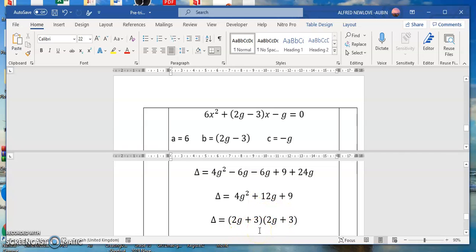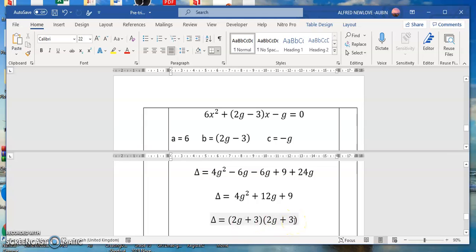How? Remember the first one I said you can either use the factor method or the quadratic formula. Using the factor method, two numbers which when you multiply you get 9, and when you add them you should get 12. Alright, so how are you going to do that? This 3 times 2 is what? 6. Are we together? Then 2 times 3 is also what? 6.